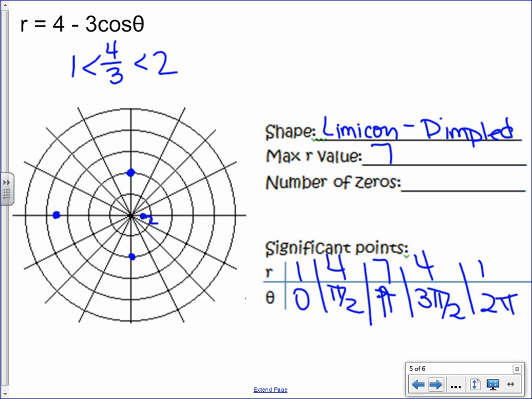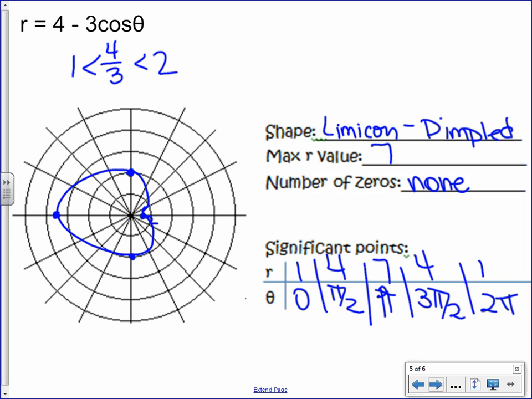Okay. Now when you draw a dimpled limacon, first of all, are we ever going to go through the pole? No. So we are not going to have any zeros. Write none. Don't write 0, write none. Then when you draw this, your dimple should be curved.